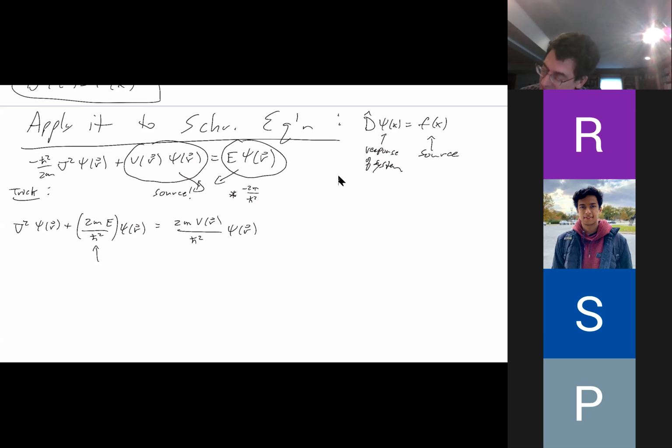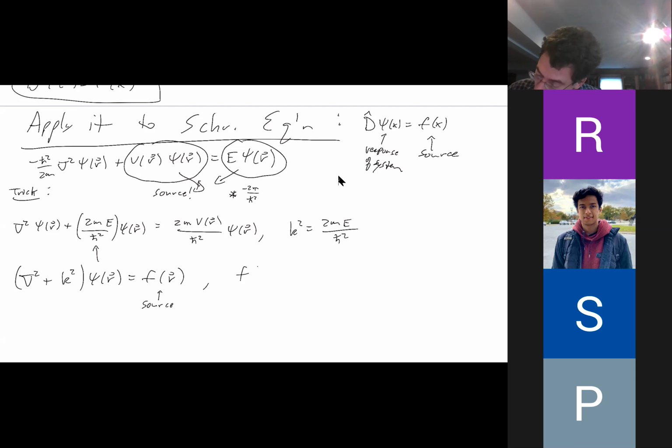K squared is equal to 2me over h bar squared, exactly, by definition of k. So now I have my Schrodinger equation: del squared plus k squared acting on psi of r is equal to some source term, f of r, which I'll call my source.